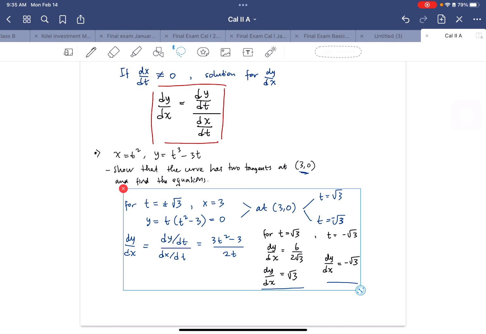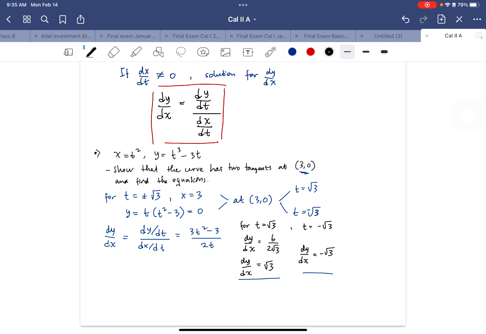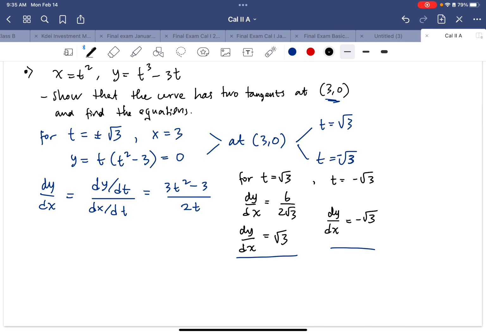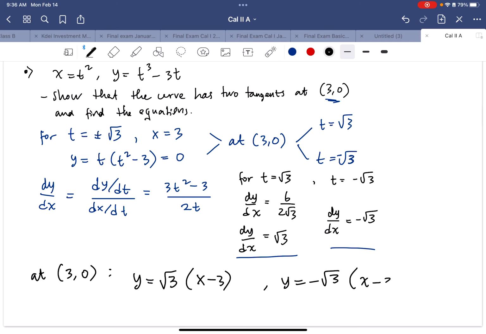At x equals 3 and y equals 0, we will have y equals the gradient, first the square root of 3, times x minus 3. So we have two tangent lines here.